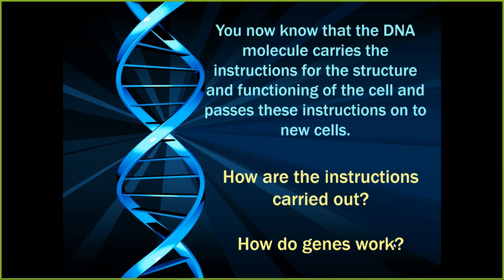So, ladies and gentlemen, we are going to continue our work with genetics. We've talked for the last 4 weeks, more or less, about DNA. And now we're going to be talking about our other nucleic acid, RNA. You know that DNA carries out the instructions for the structure and functioning of cells and living things.